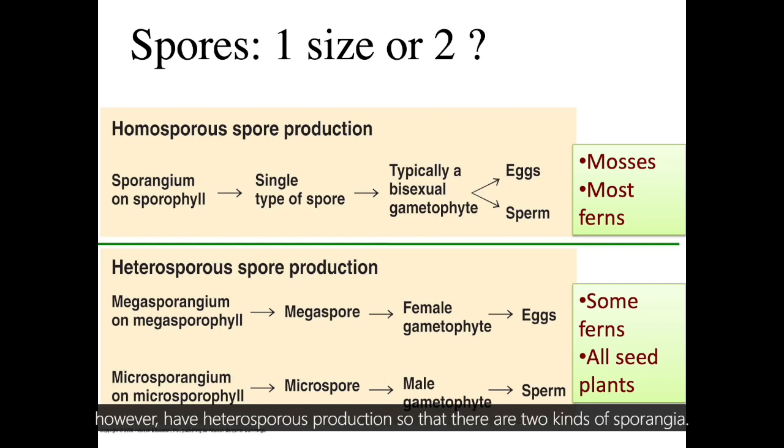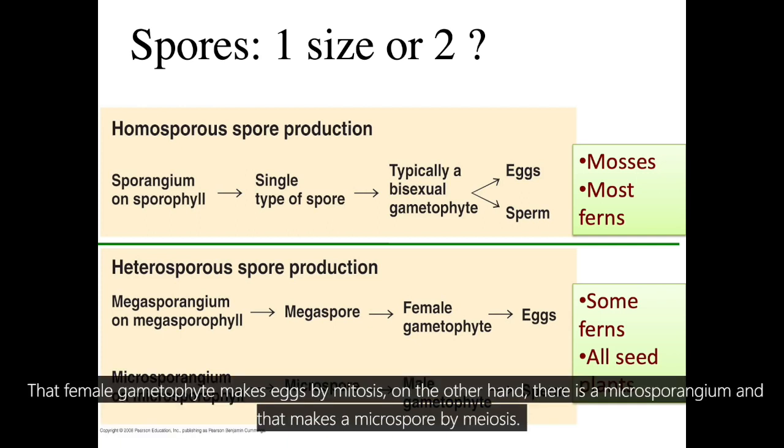Some ferns, however, have heterosporous production, so that there are two kinds of sporangia. There's a sporangium that makes big spores, and so it's called a megasporangium. And that big spore is called a megaspore, and that turns into a female gametophyte. That female gametophyte makes eggs by mitosis.